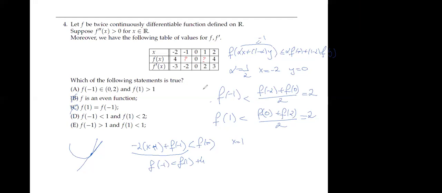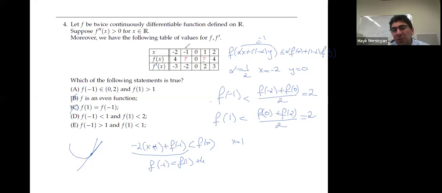Can we apply mean value theorem on -1 and 0, for example? So if we apply mean value theorem here, mean value theorem will say that f(-1) minus f(0) divided by -1 equals derivative in between. Let's try to write this down and see what do we know.